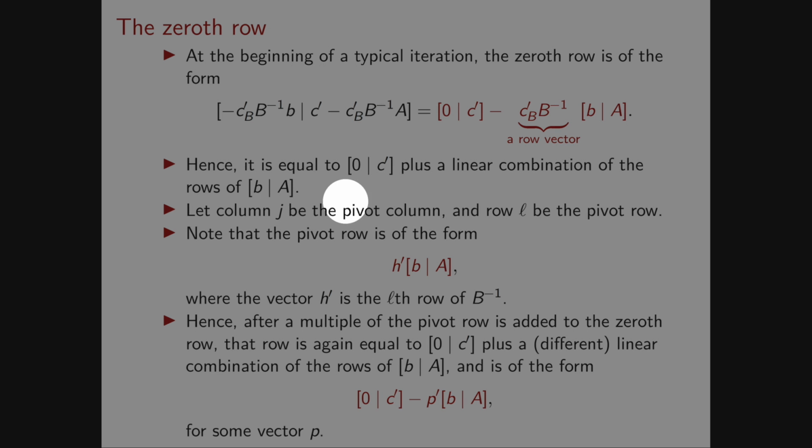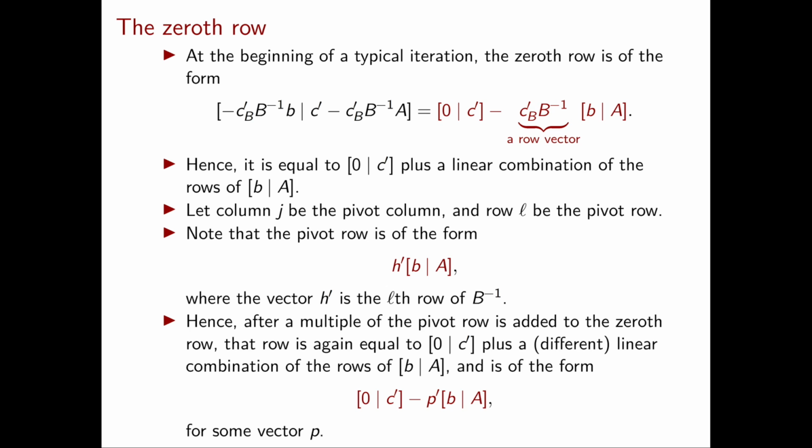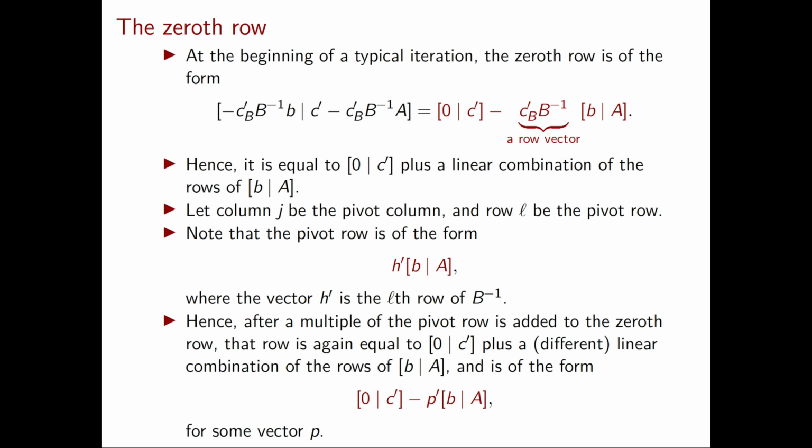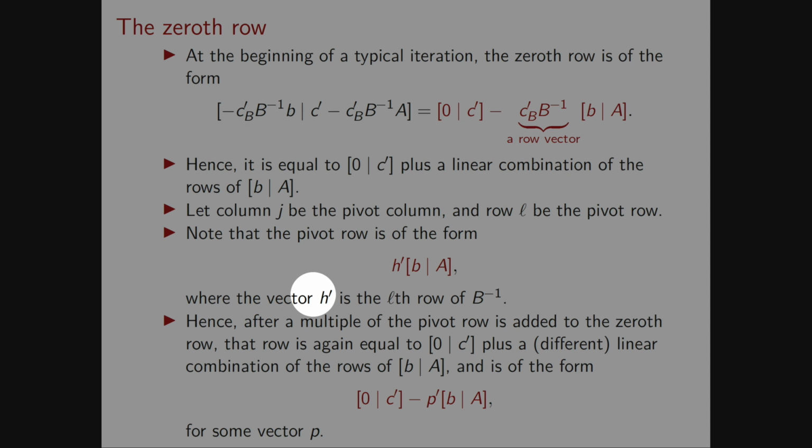As always, the pivot column is column j, while the row l will be the pivot row. Now it follows from the interpretation of the tableau that we have seen a few slides ago that the pivot row is of the form h transpose times [b A], where h transpose is the lth row of B inverse. In our elementary row operations, we are adding a multiple of the pivot row to the 0th row.